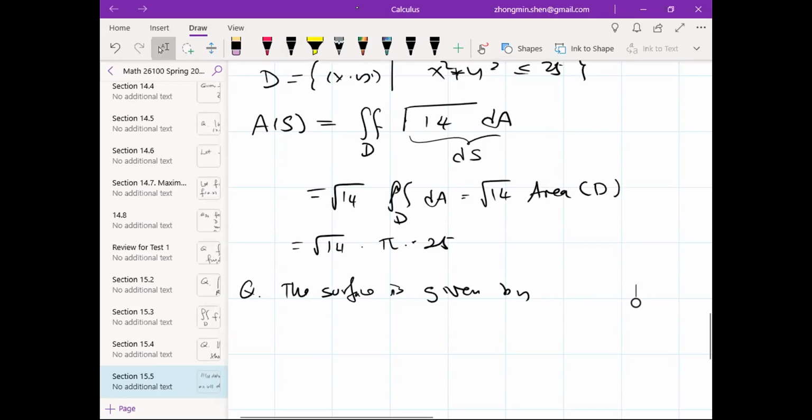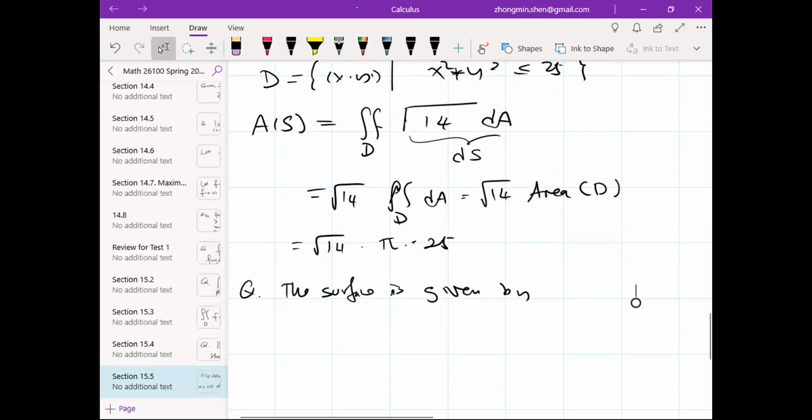You don't need to waste time evaluating this double integral. If it's the integral of 1 over a triangle, just find the area of the triangle. Use the geometric meaning of this double integral to get the value.